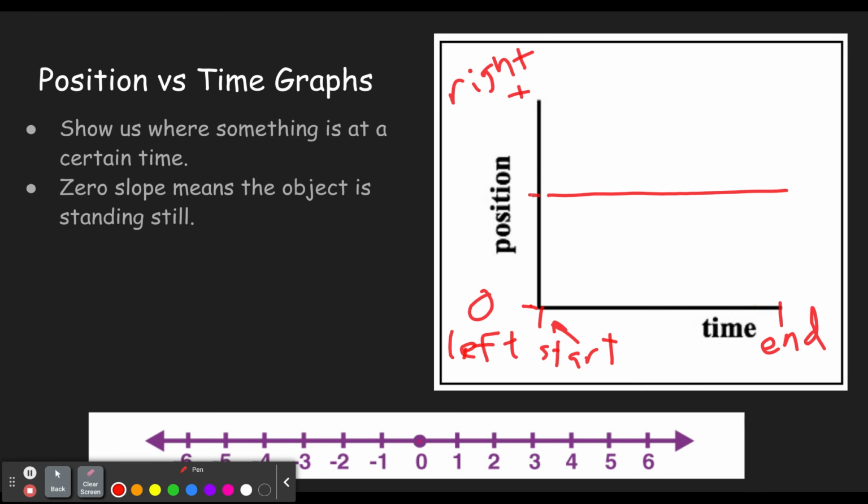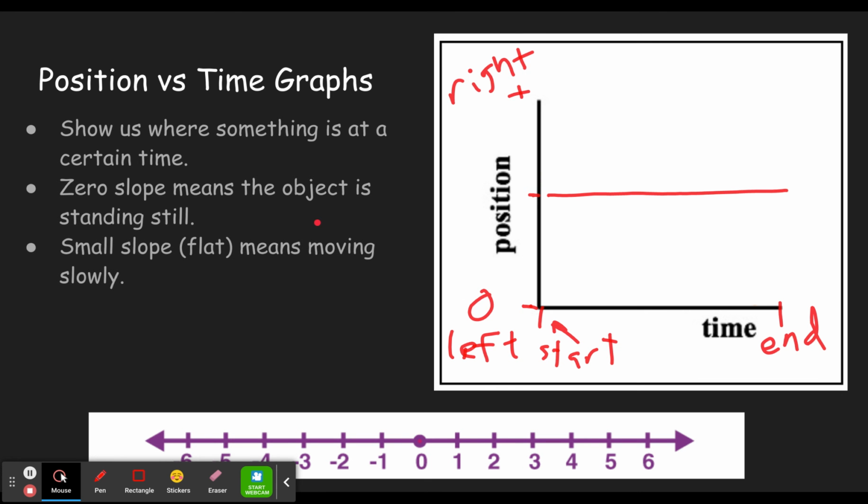Now, it doesn't matter if this is taking place at the top of the screen or the bottom of the screen or at 0 or somewhere in the middle. It's keeping the same position the entire time. That's the definition of standing still. So anytime you see a horizontal line where the position is not changing, that means that the object is standing still. Slope 0 means standing still.